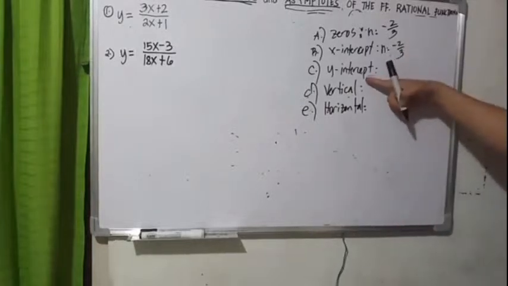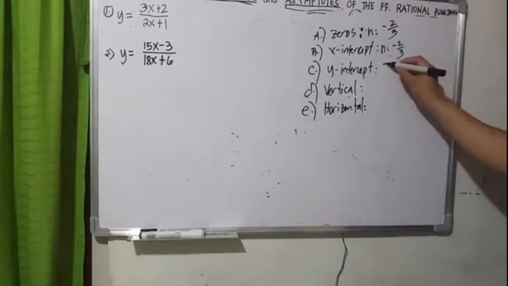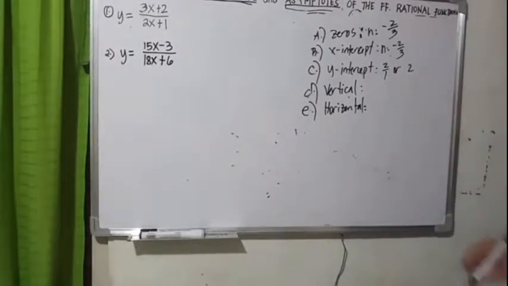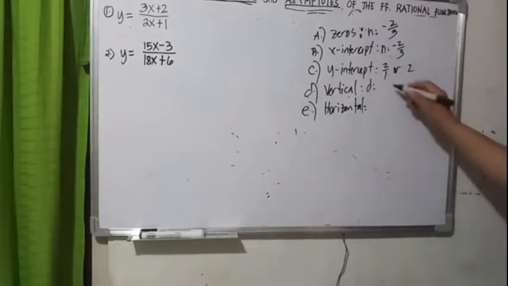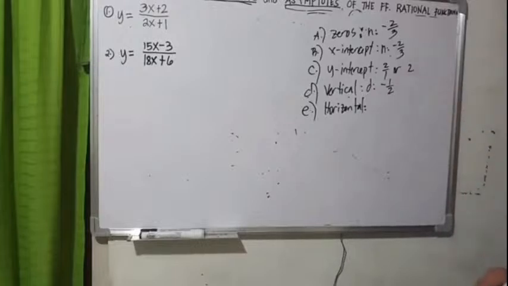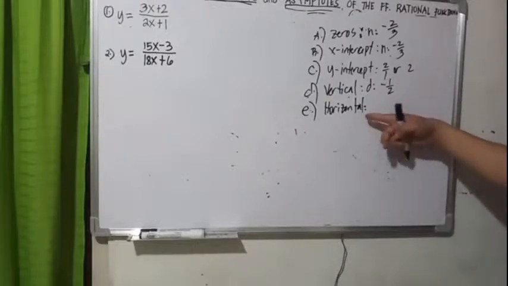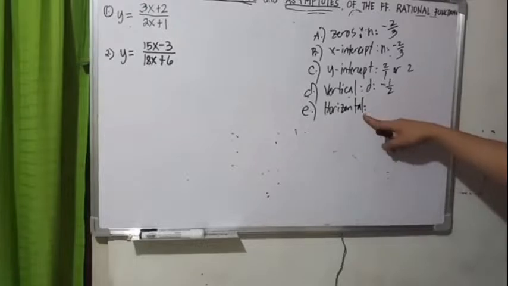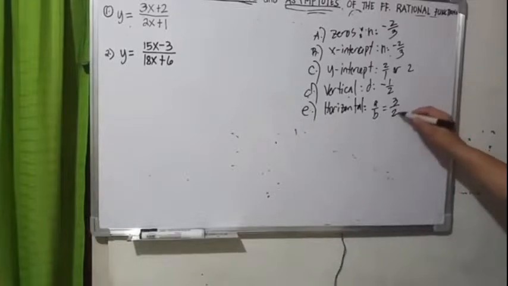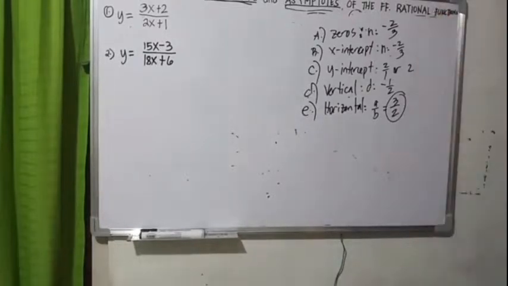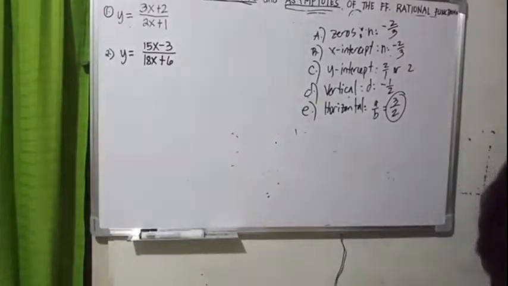Sa y-intercept, the constant of the numerator and the denominator, that is 2 over 1 or 2. Vertical asymptote, naka-base tayo sa denominator, so it is negative 1 over 2. And yung horizontal asymptote, mayroong restrictions. Pag the same ang exponent, so that is a over b, that is 3 over 2. So ito na yung shortcut. Diba, madali lang how to identify the zeros.